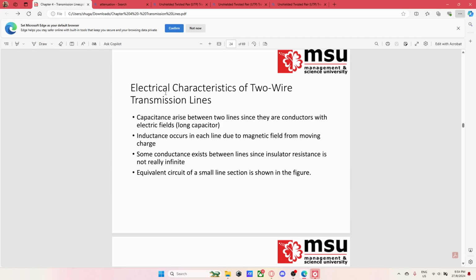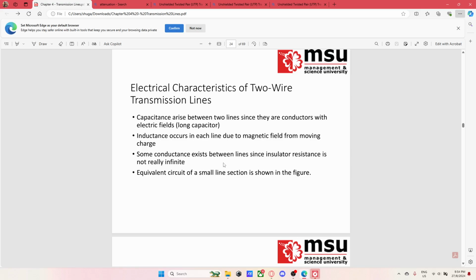Right, electrical characteristics of a two-wire transmission line. Capacitance arises between the two lines since they are conductors with an electrical field. Inductance occurs in each line due to the magnetic field from moving charges, and some conductance exists between the lines since insulator resistance is not really infinite.